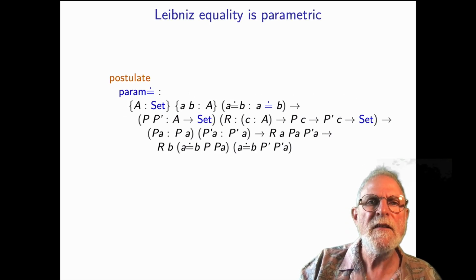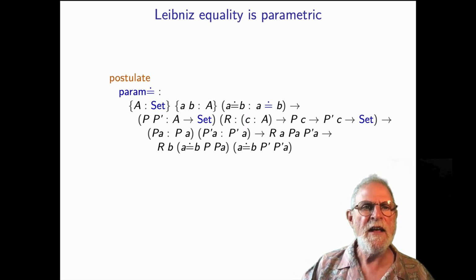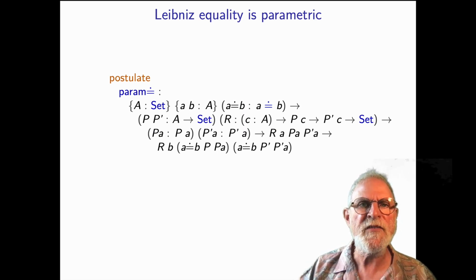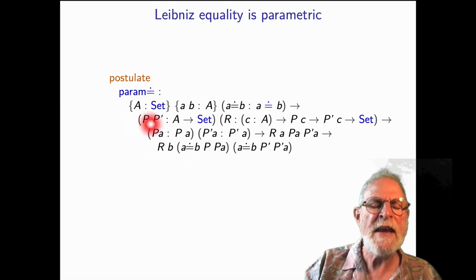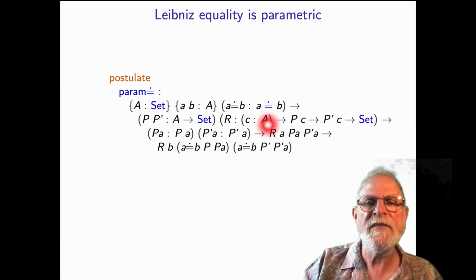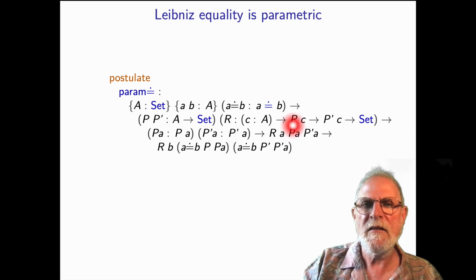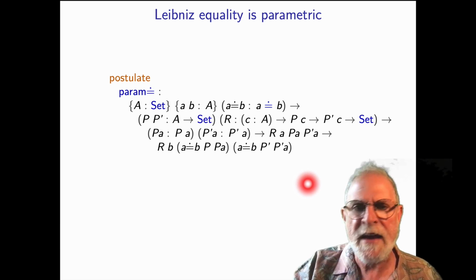Very easy. To show right inverse, we need parametricity. So here's the theorem for free that corresponds to the type of Leibniz equality. So our for all P now becomes for all P and all P prime, and all relations R that, for an arbitrary C of type A, give evidence that P of C and P prime of C are related. And then similarly for the rest, I won't go through that in detail.